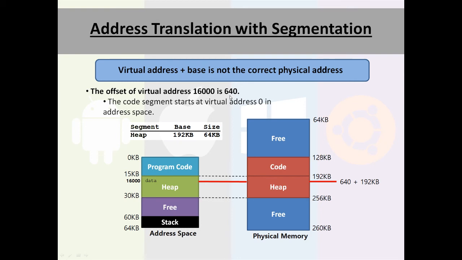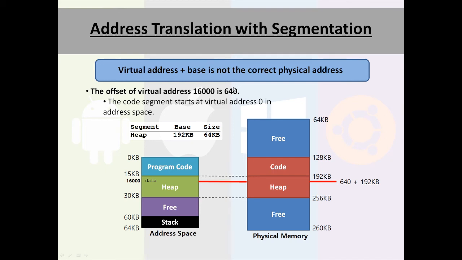Okay, so how did I get that? Well, think about it, right? 15 KB means 15 times 1024 bytes. That gives you a value of 15,360, just off the top of my head. And we take 16,000 and subtract that value, and that's how we get to 640.